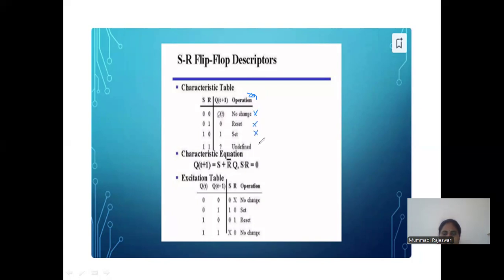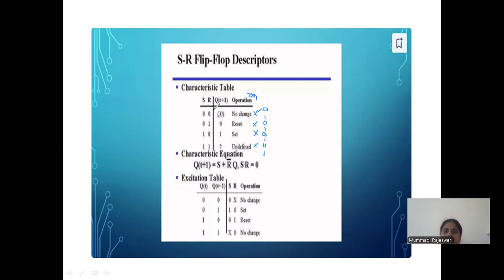This is also X, and this is also X. X means that it may be 0 or 1. Here also it may be 0 or 1.